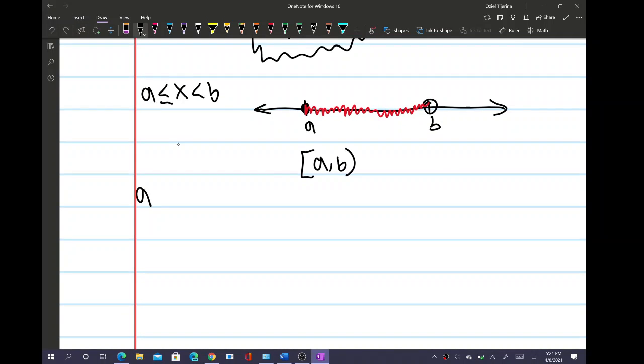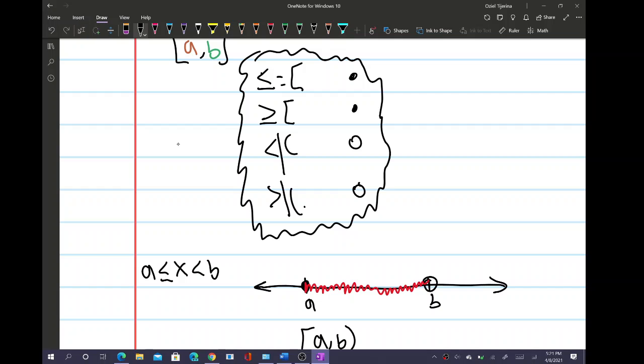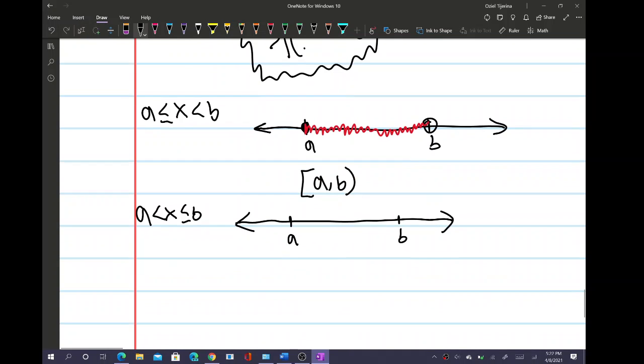Anyways, we have A is less than X is less than or equal to B. So now we switched it, right? We have from A and then to B. So then we have A is less than X. If we look at our chart here, less than is going to be parentheses, right?